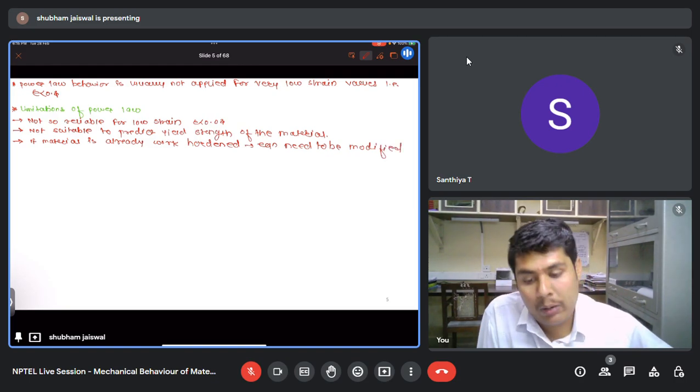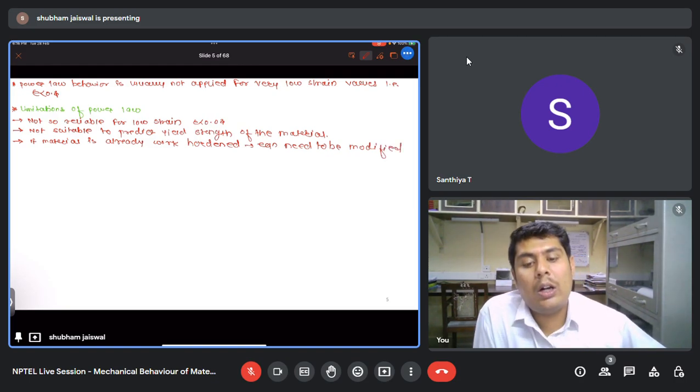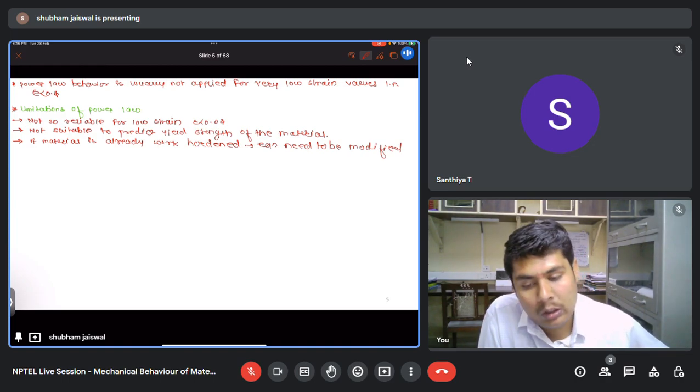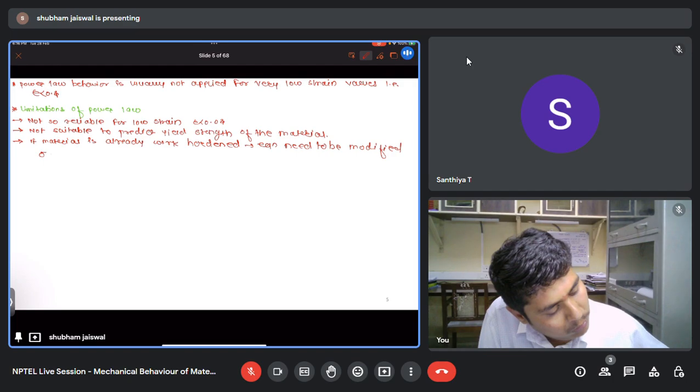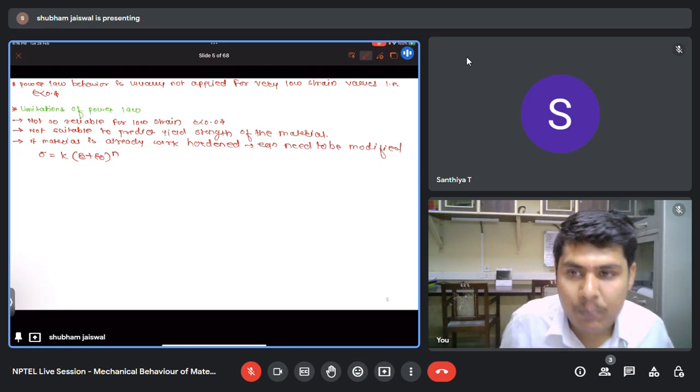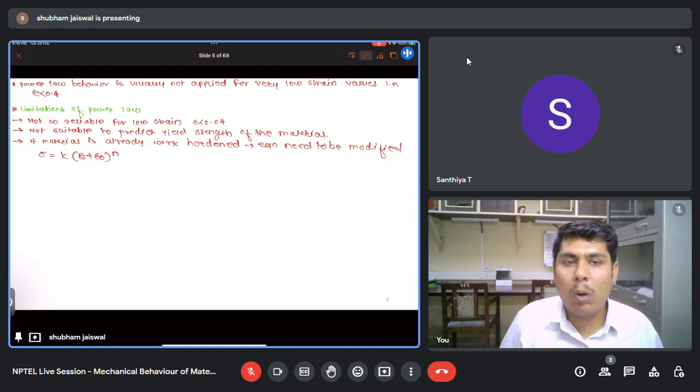So let's say I am work hardening the material by an amount of strain E naught. So my new equation will come to be K times epsilon plus E naught to the power n. Okay. So this is all about the power law.